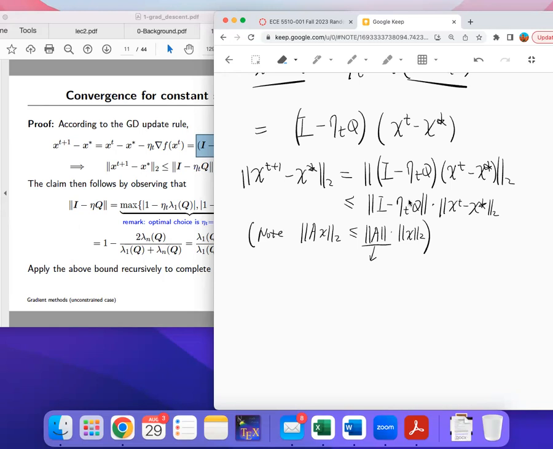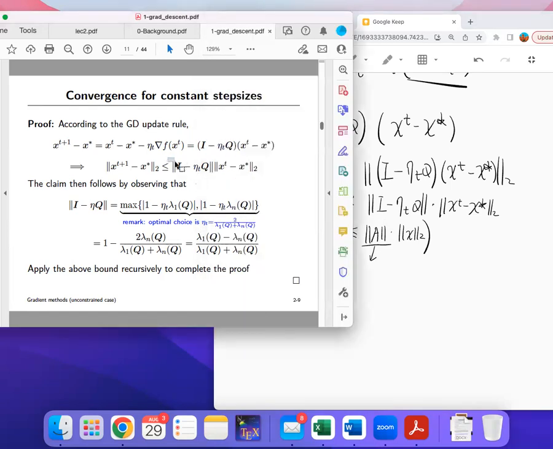In the worst case, this will be the upper limit of the length: your previous length multiplied by the largest singular value of this linear transformation. Along that direction, this linear transformation will stretch the vector the most, along the largest singular value direction.